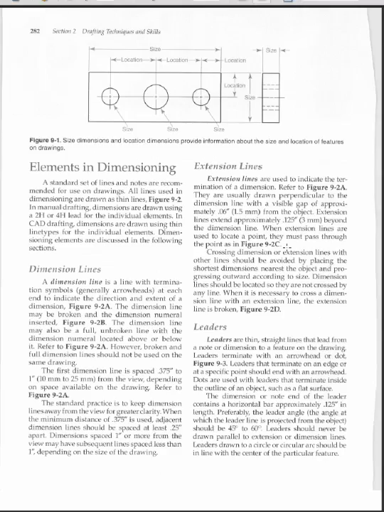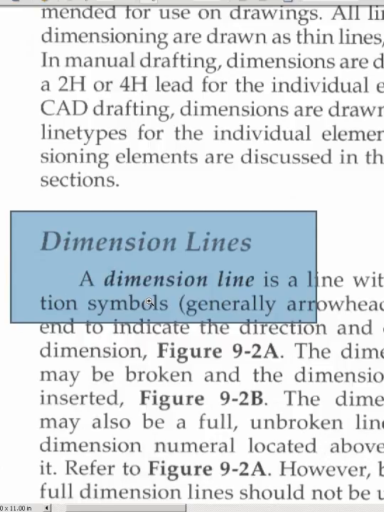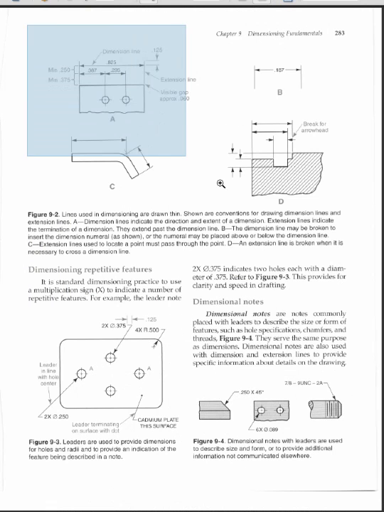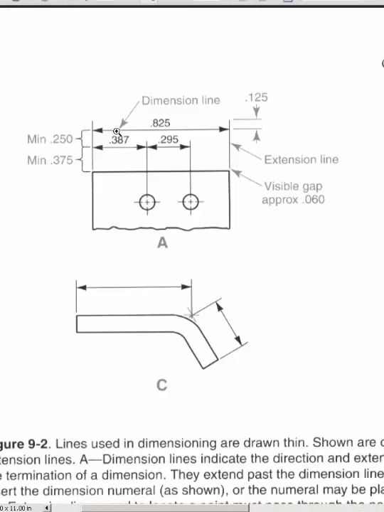Now, in terms of terminology, we have the dimension line. The dimension line is the term that we use for a lot of things, but it really only relates to this particular item right here. See it? This is a dimension line.